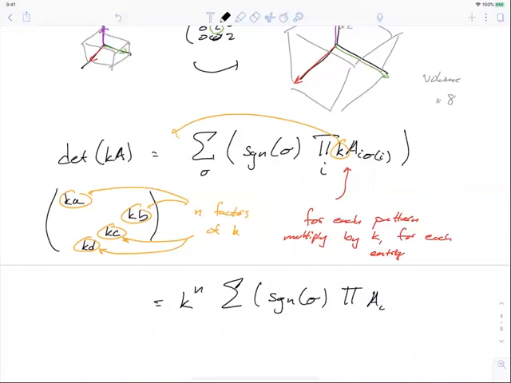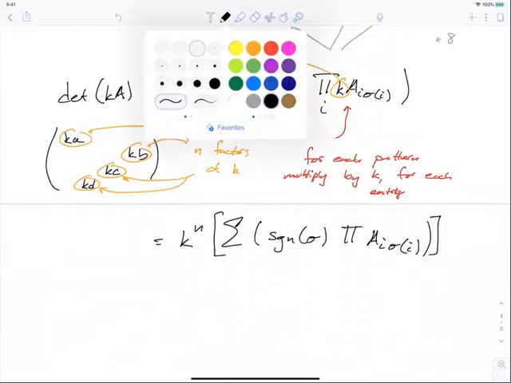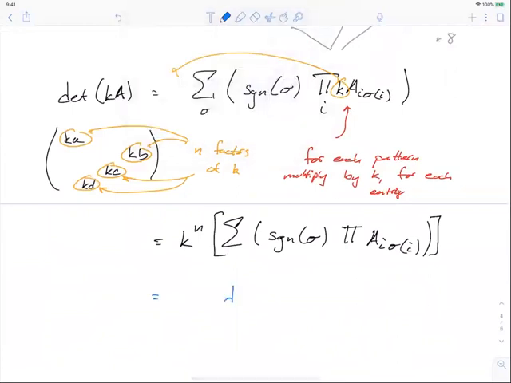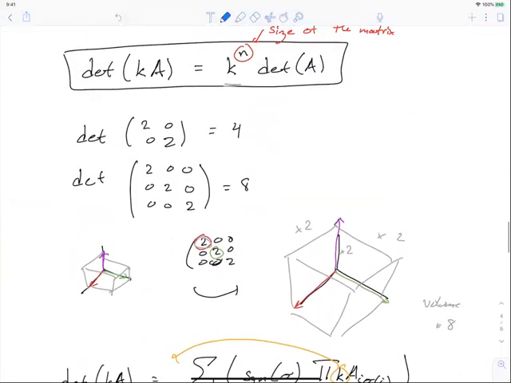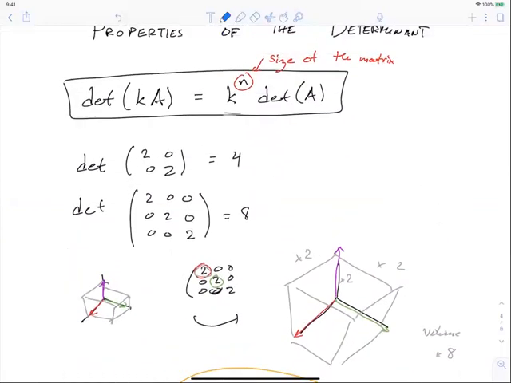And what's left is exactly the determinant of the matrix. So that's both a geometric and algebraic explanation of that property. And again, it's a little unintuitive because most of the time in linear algebra, we would expect the k to come out and be able to distribute the k in and out of the function, but that's not true for the determinant.